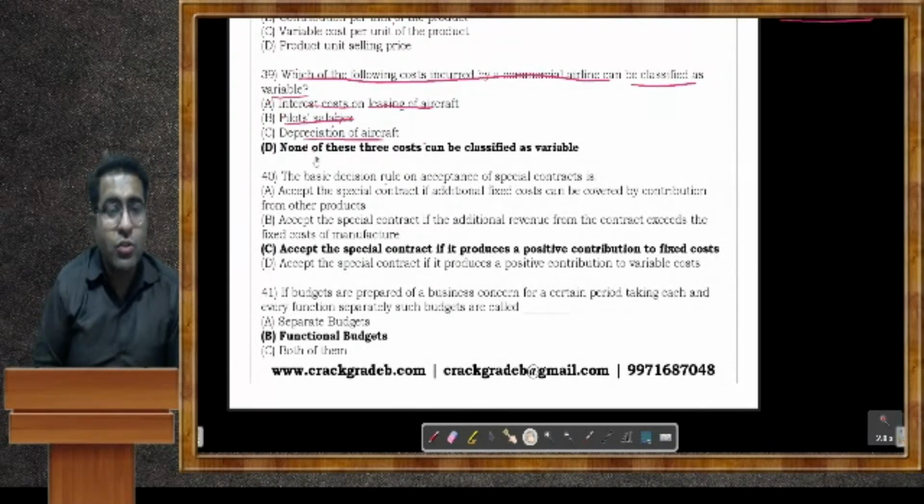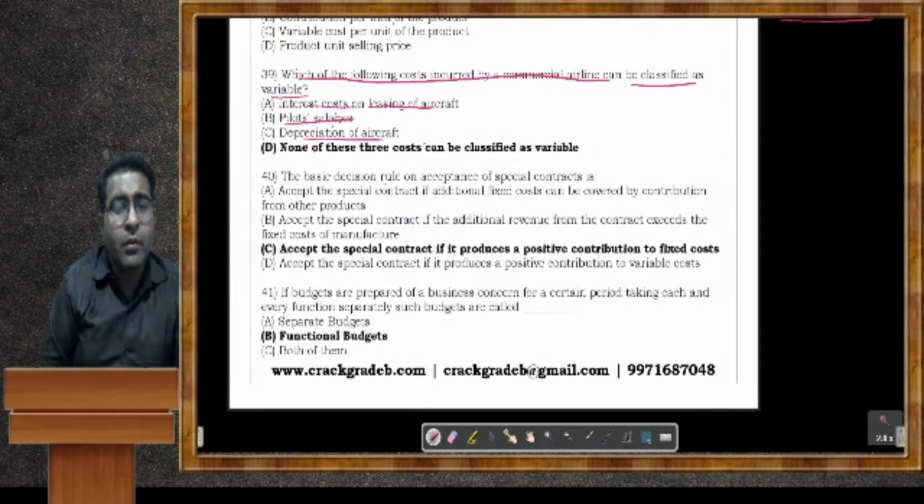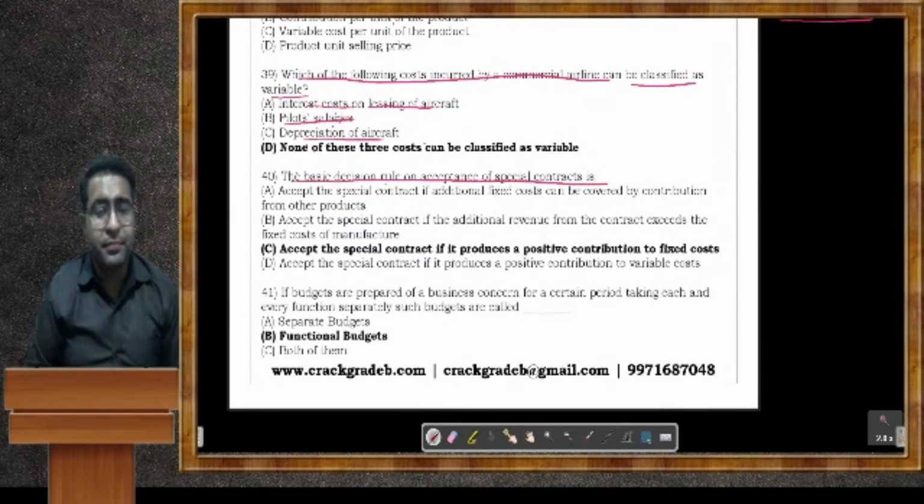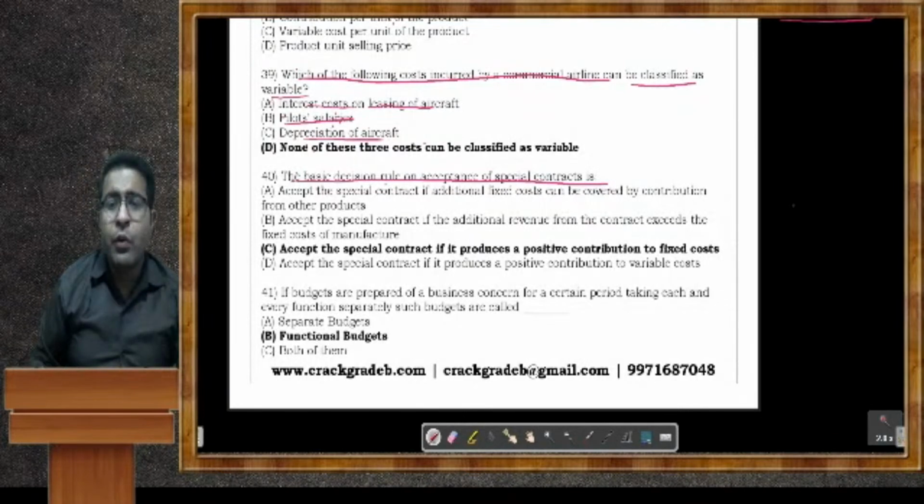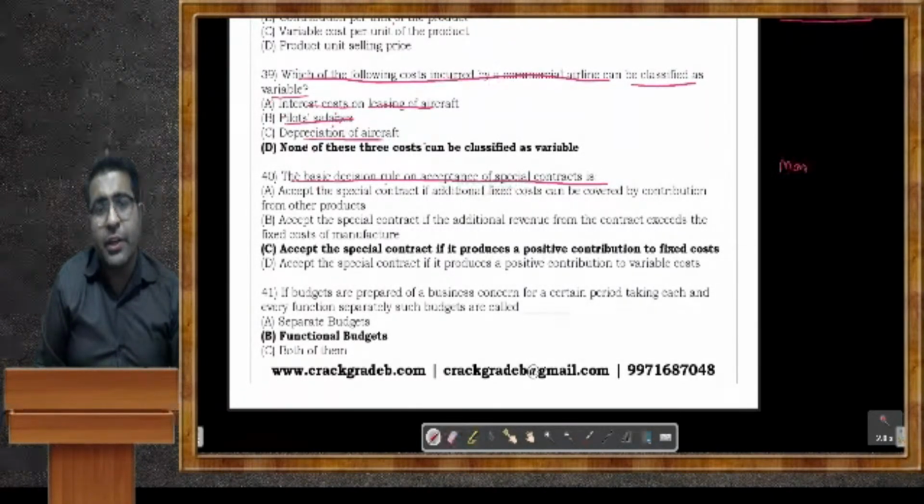Okay, next question. The basic decision rule of acceptance of a special contract: if we want to accept any type of special contract, how is the decision rule applicable? It is a concern related to marginal costing.